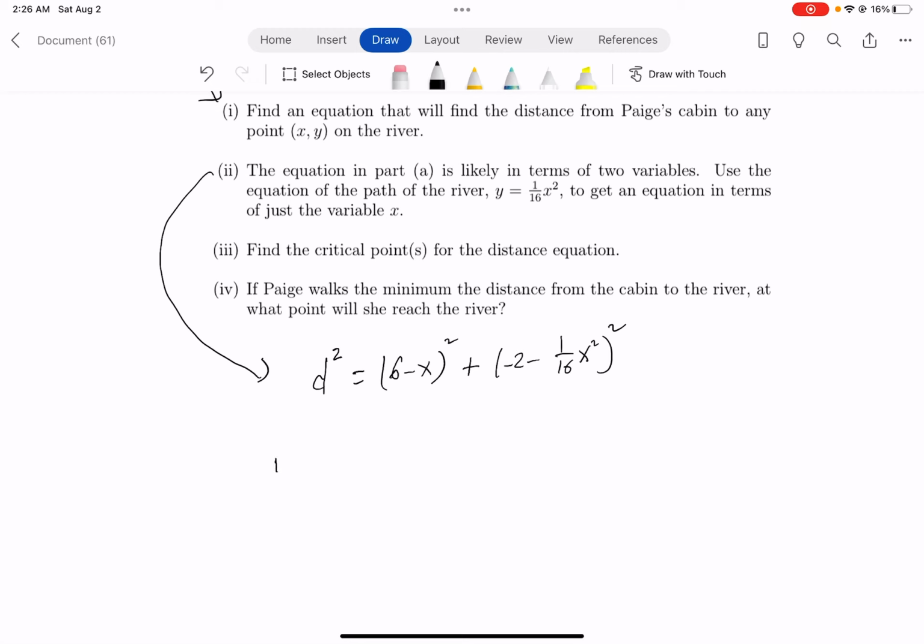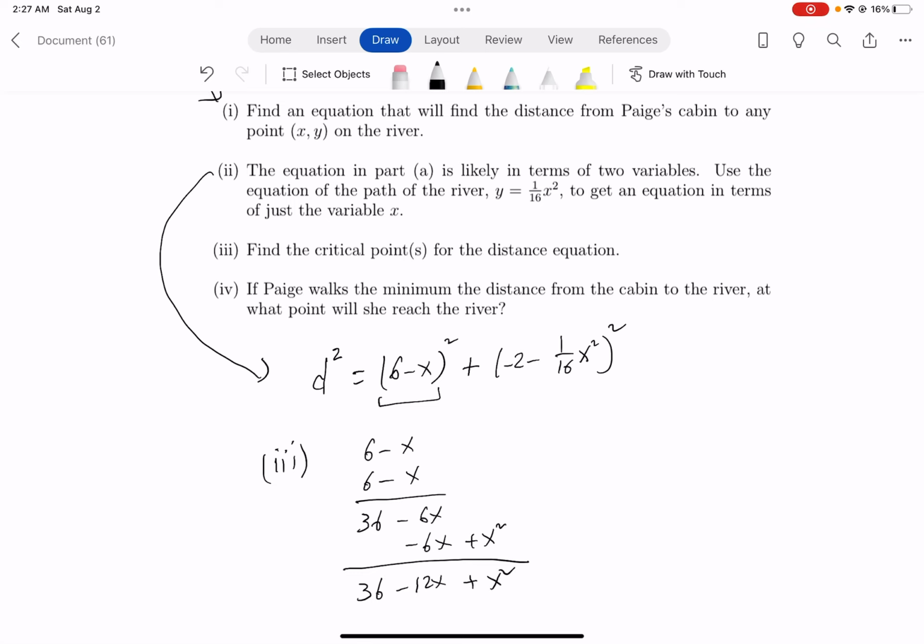So now 3. Let's solve this one first. What is (6 minus x) squared? 6 minus x times 6 minus x: 36 minus 6x minus 6x plus x squared. This would give you 36 minus 12x plus x squared.